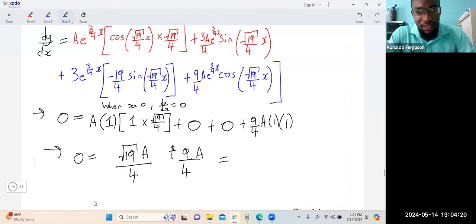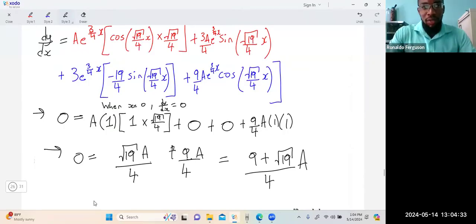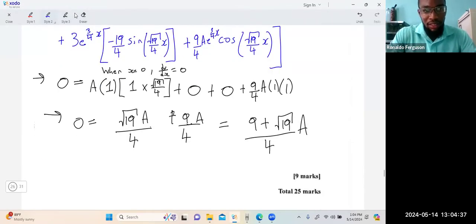This is the same as 9 plus root 19 over 4 times a. It's equal to 0. Multiply through by 4, so that means 0 equal 9 plus root 19a.